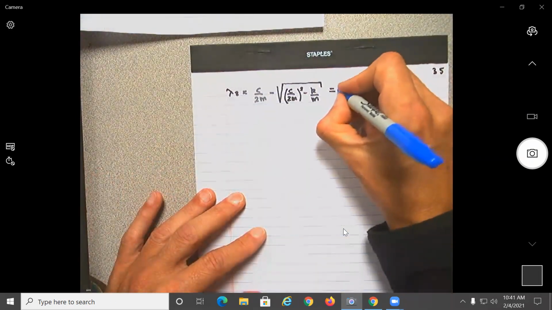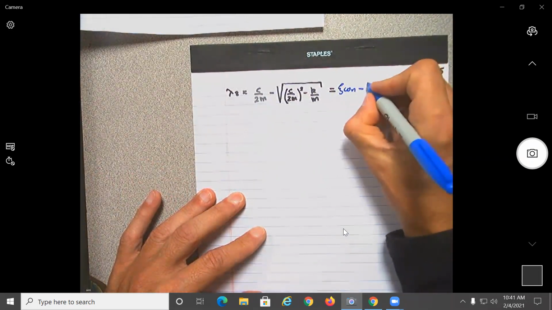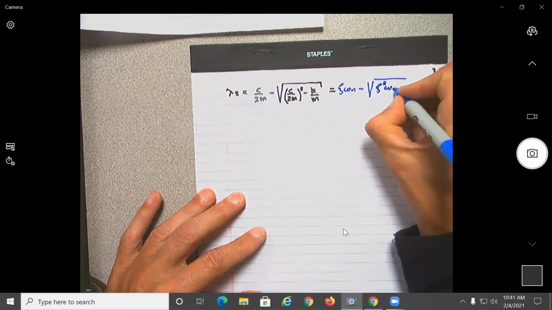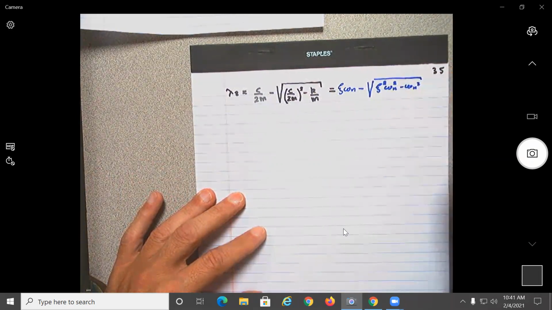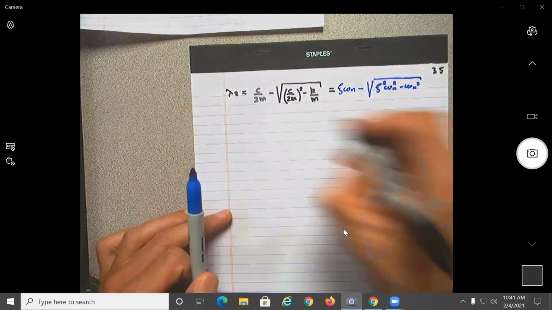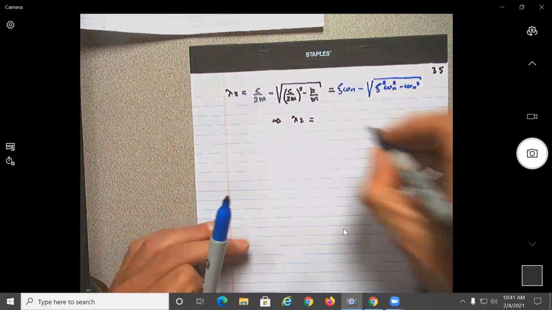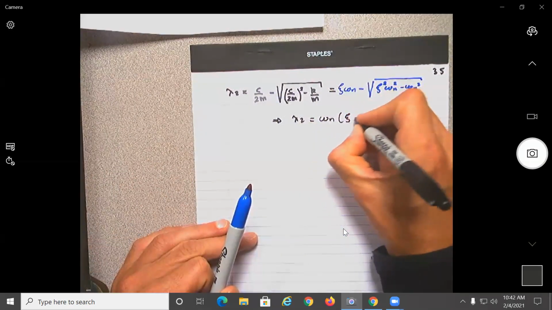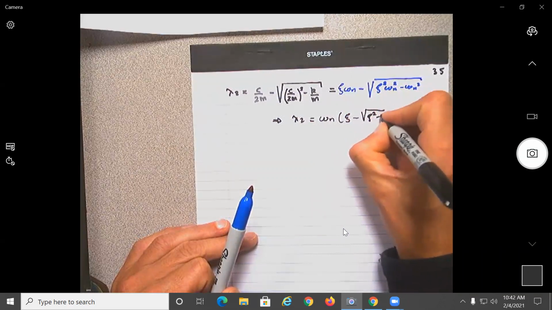We'll have omega n minus the square root of omega n squared minus omega squared. So basically we get lambda 2 equal to omega n times C minus the square root of C squared minus 1.